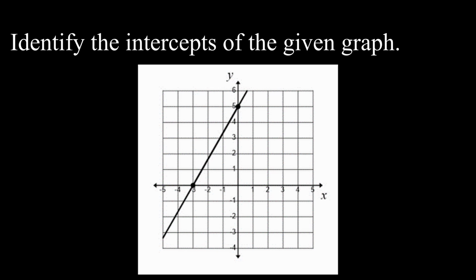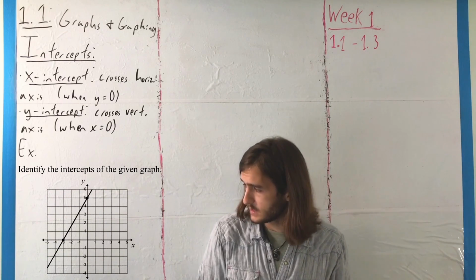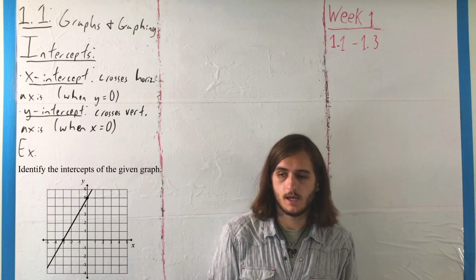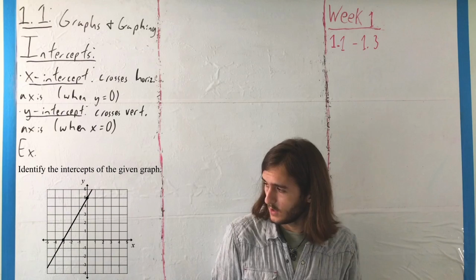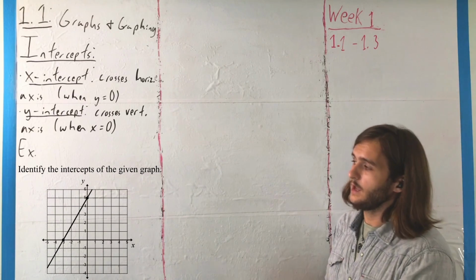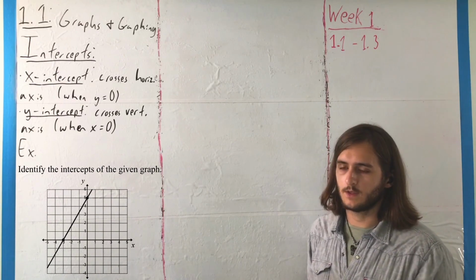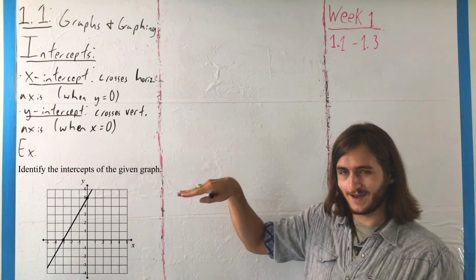For this example, we want to identify the intercepts of the graph given here. Basically all I have to do is look at that picture and identify the locations where the axes get crossed. If we want to find the x-intercept, remember that means we're looking for things where we hit the x-axis.